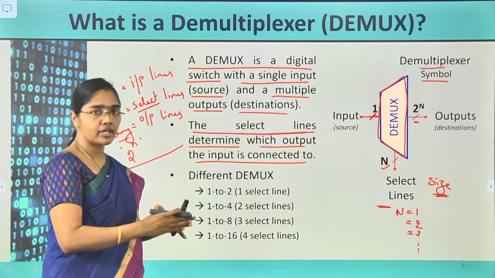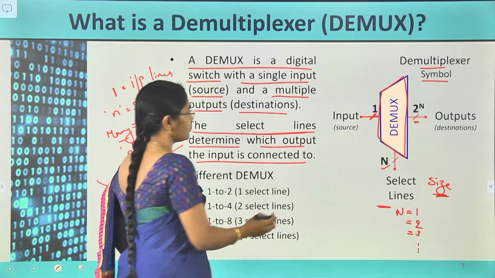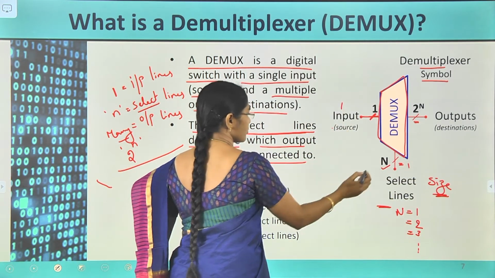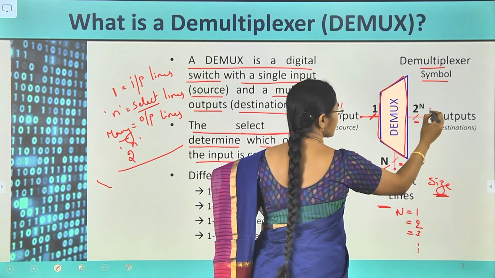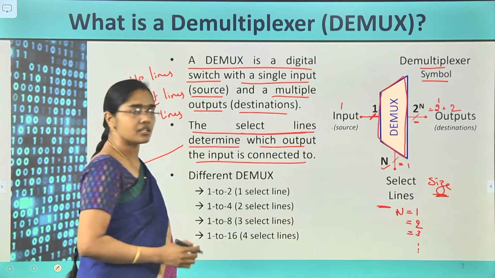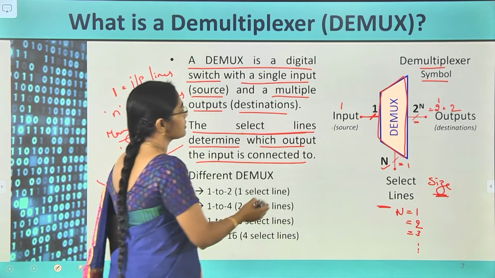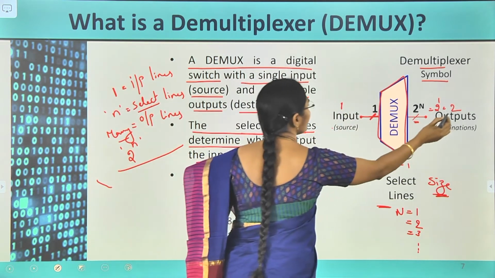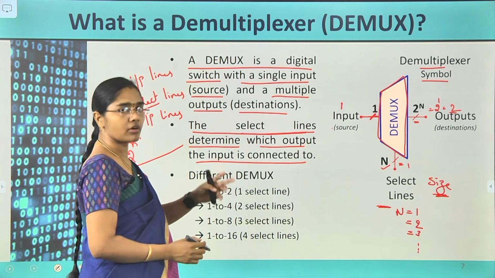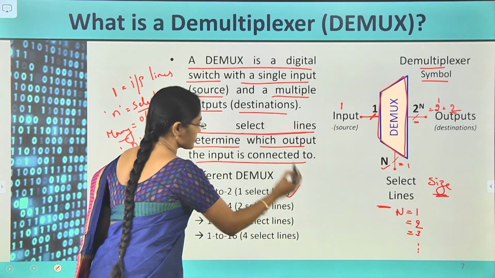If n is equal to 1, what will happen here? Input is always 1. 2 power 1 is equal to 2. If n is equal to 1, that size is called 1 to 2 outputs. So, that is called a 1 to 2 demultiplexer.